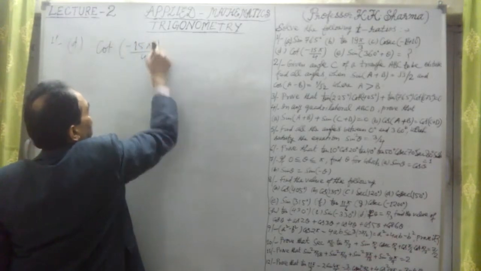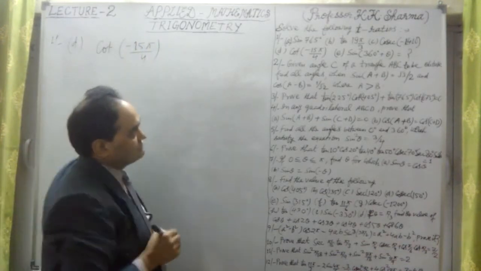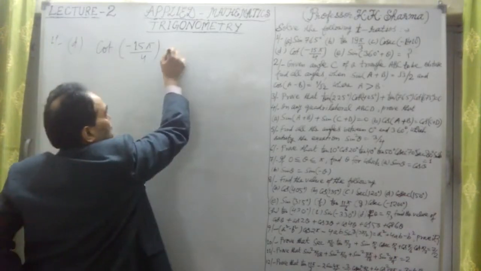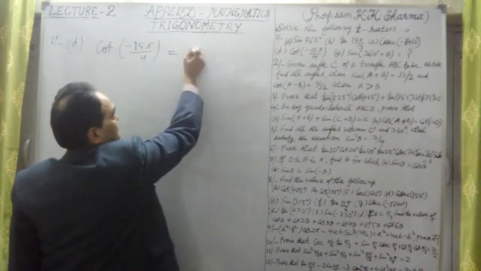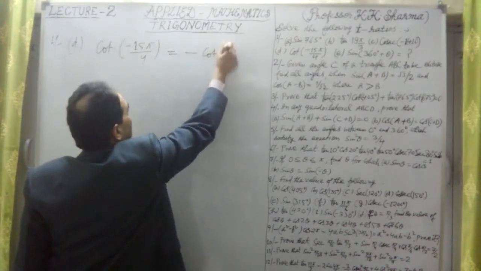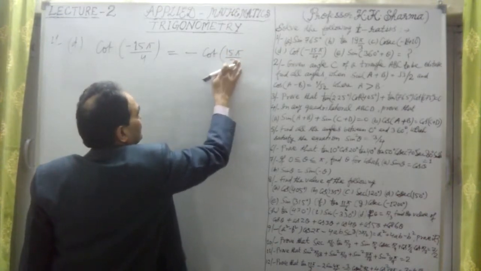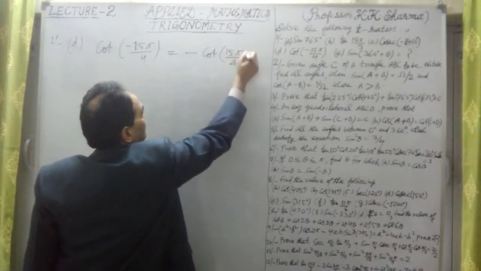Again, cot is also an odd function, so it will be minus cot 15 pi by 4.